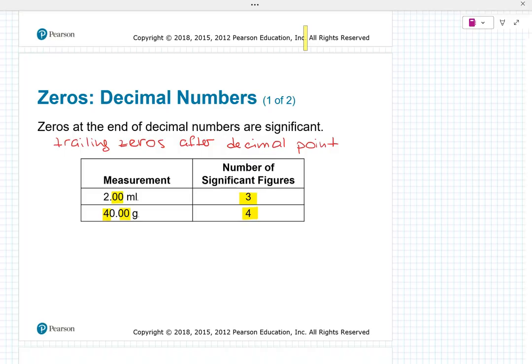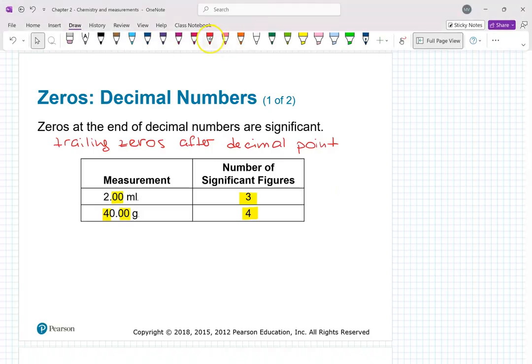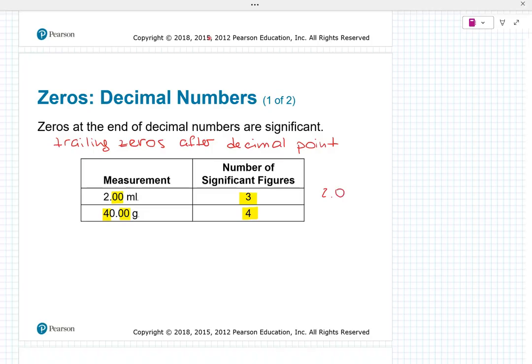Number of significant figures shows you the precision of your measurement. Does that make sense? For example, if I write down that the volume that I measured is 2.0, it means that whatever graduated cylinder I used is much less precise than the graduated cylinder used for that measurement.